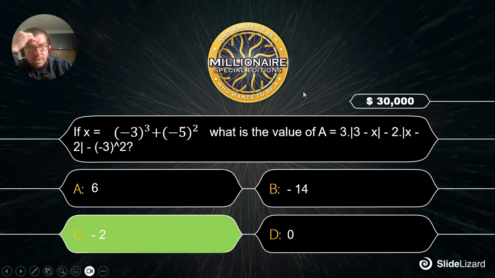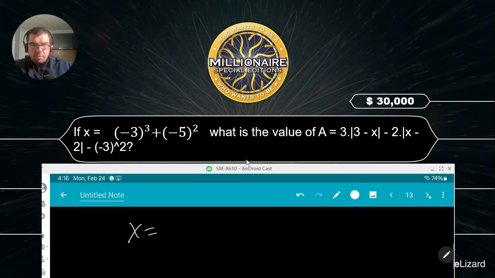Minus 2 is correct. X equals (-3) to the power of 3, which is minus 27. This is now plus because it's to an even power, so plus 25. This is minus 2.